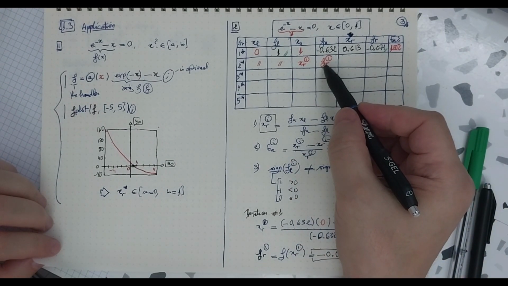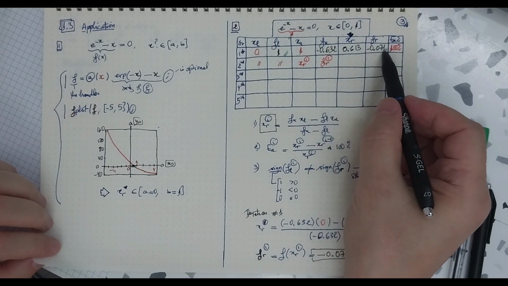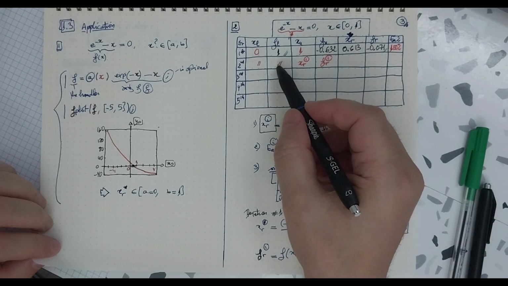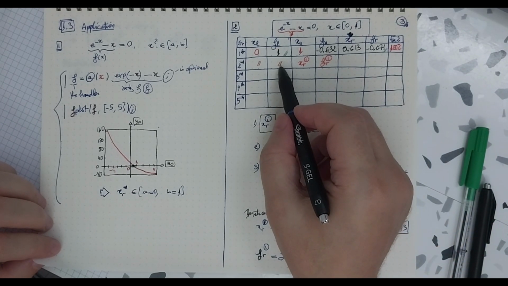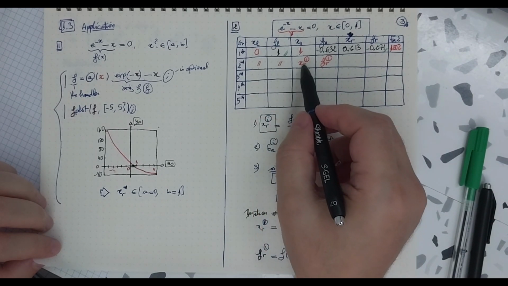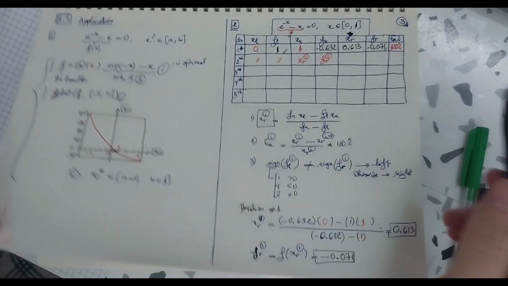FU is this value. It's not minus 0, it's minus 0,071. Okay? And FL stays the same one. And XL stays 0, and XU is not 1, it is XR1, which is minus 0,632. So let's apply that here.